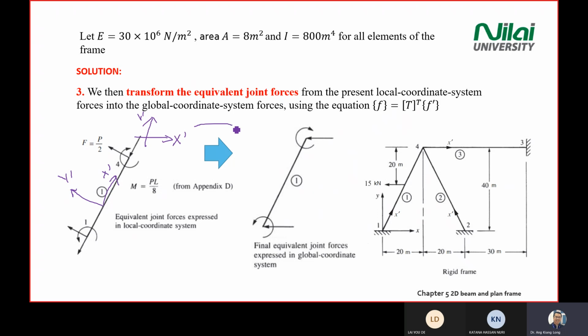You need to change all this into the global coordinate system with the Y and X axes. How do you convert? You use this formula: F equal to T transpose times F prime, meaning all these forces over here are your F prime parameters.